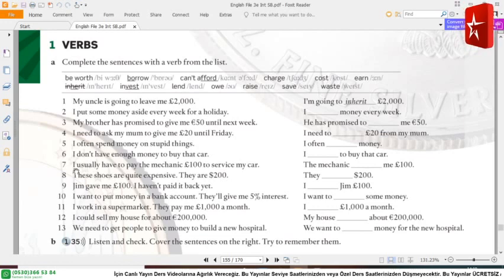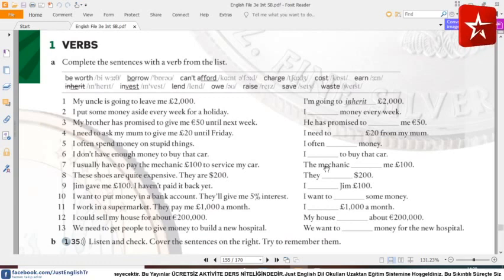Number 7, I usually have to pay the mechanic 100 pounds to service my car. The mechanic... Lara says charge.